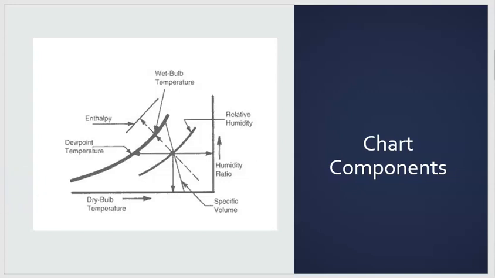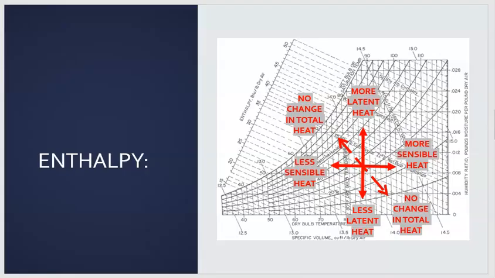And the last thing is enthalpy. And this is about the sensible, latent and total heat in a space, and we'll talk about this more when we get to the next slides. So as I said with enthalpy, there's a change in heat loads depending on what directions you move through this chart.